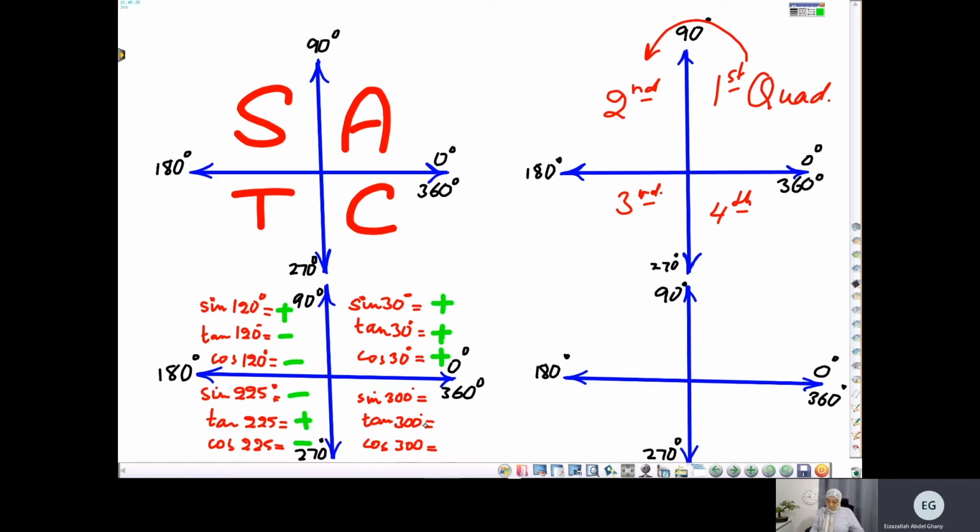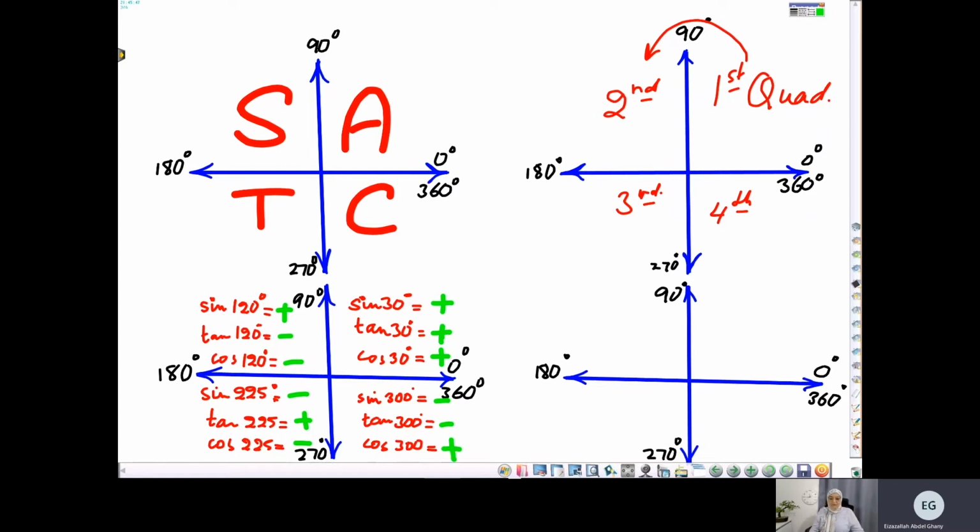Now angles from 270 to 360, let's take a sample like 300. Sine 300 is negative root 3 over 2. Tan 300 is negative square root of 3. But cosine 300, sure, it's positive.